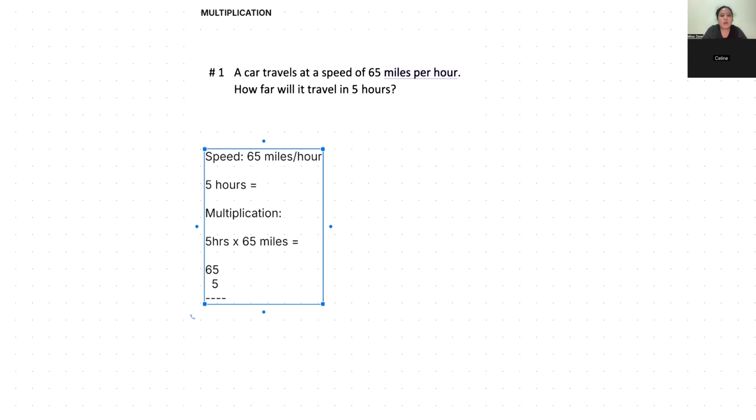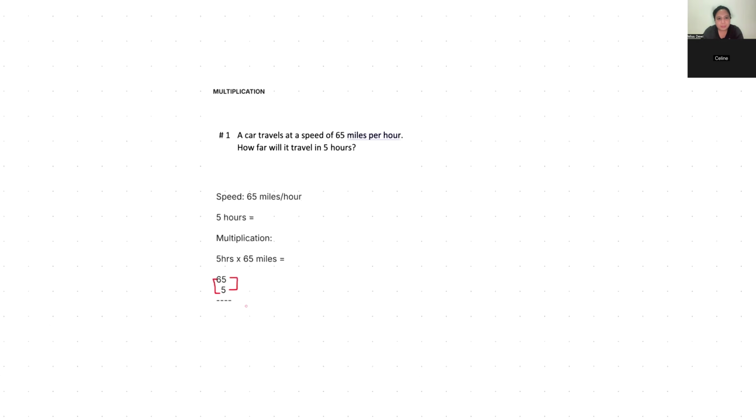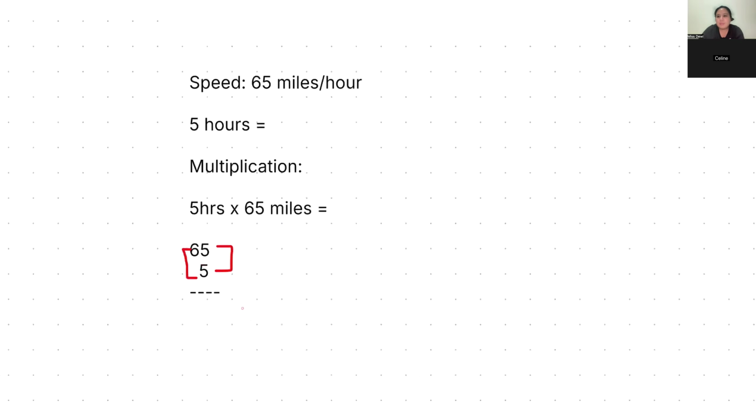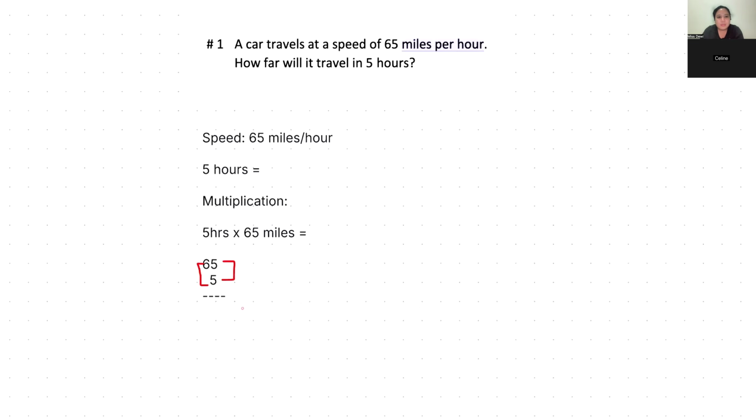You can start with 5 times 5, and then 5 times 6. 325. Oh, I did it here. Sure, 325. Good job, Celine. Yeah, you can write over there. I'm going to give you 5 stars for this.